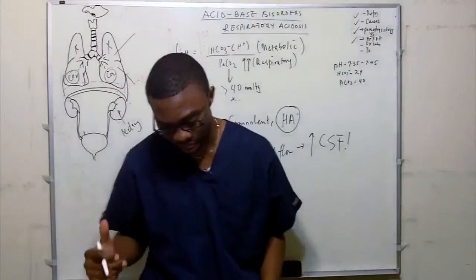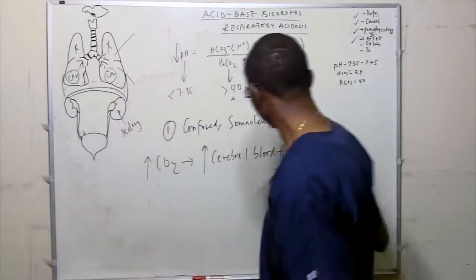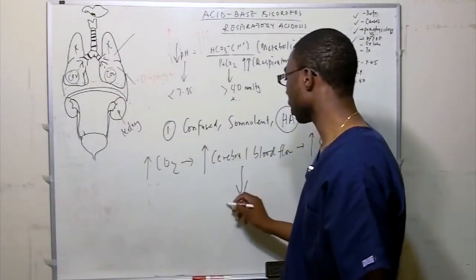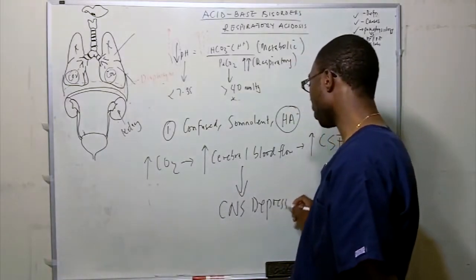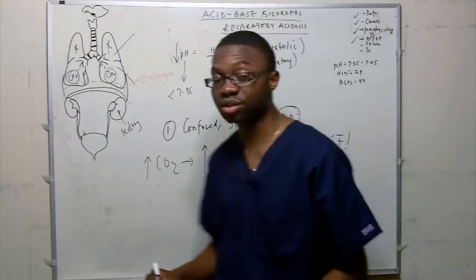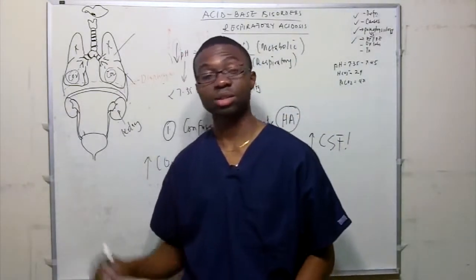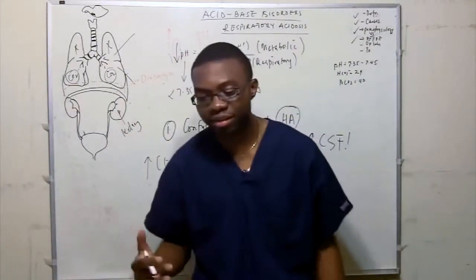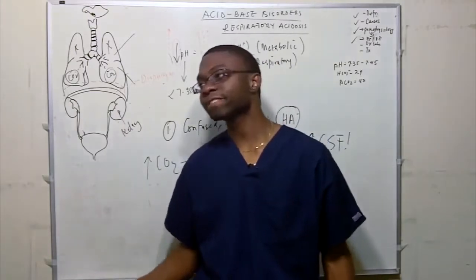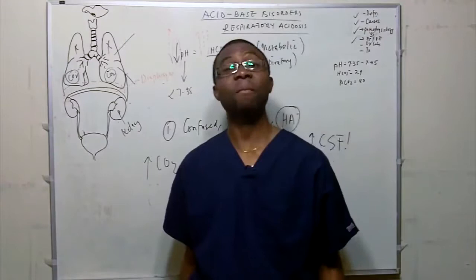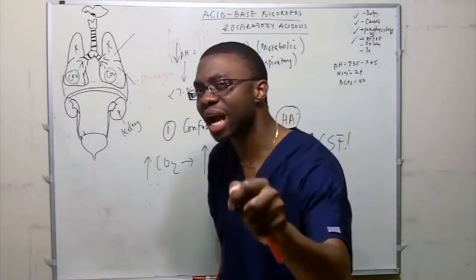So you want to know that. Eventually, too much CSF will lead to what? CNS depression. You do not want to see your central nervous system depressed. Imagine, it's like your brain taking a vacation. Your brain's like, oh, you know what? I know you've been breathing for a long time, but I'm going to be back in an hour.